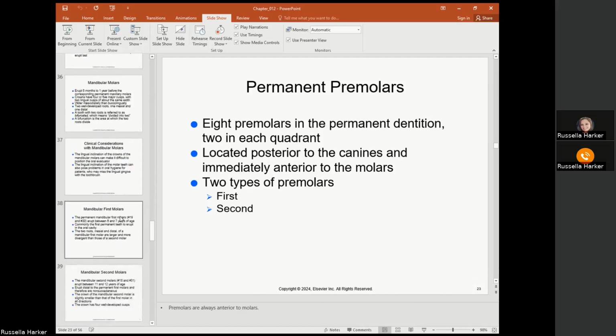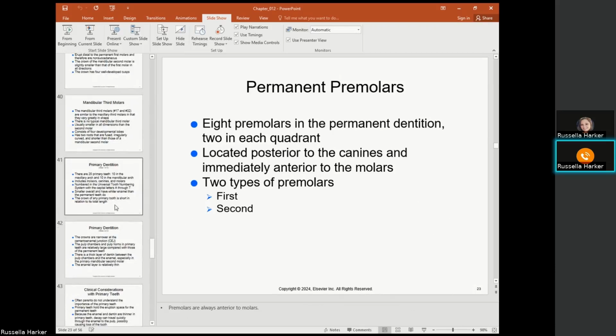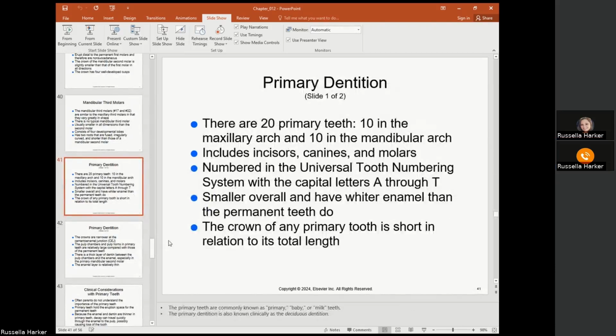Okay, so now I'm going to move on to the primary dentition. There are 20 primary teeth, 10 in the maxillary arch and 10 in the mandibular arch. Like I said, they only have incisors, canines, and molars. Instead of being numbered with numbers, they are lettered with capital letters A through T. The primary teeth are smaller overall and have thinner enamel than the permanent teeth.